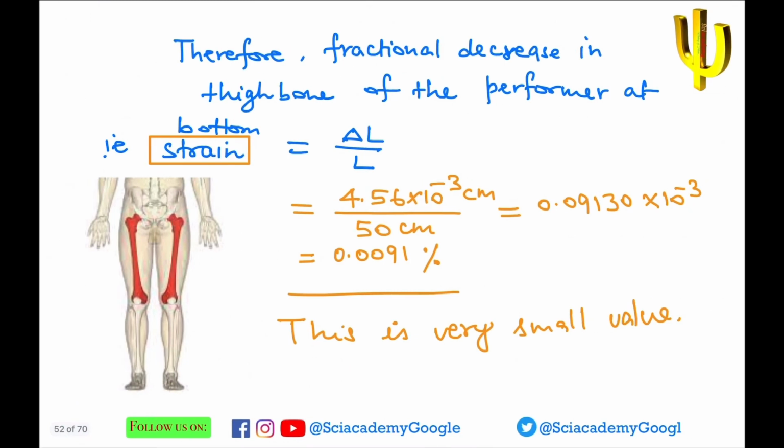Therefore, the fractional compression, that is strain, can be given by delta L by L. So delta L, that is 4.56 into 10 to the minus 3 centimeter, divided by 50 centimeter, is 0.09130 into 10 to the minus 3. This strain has no unit, so that is nothing but 0.0091%.